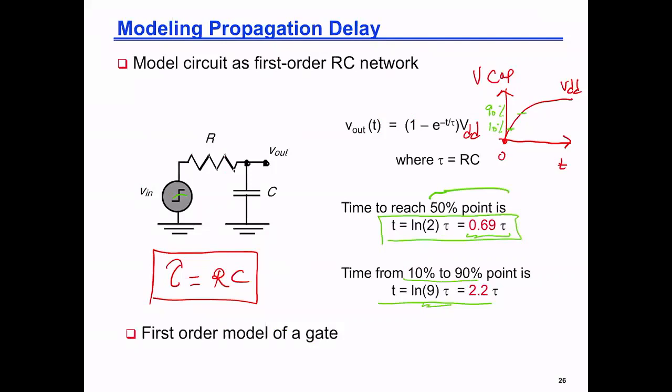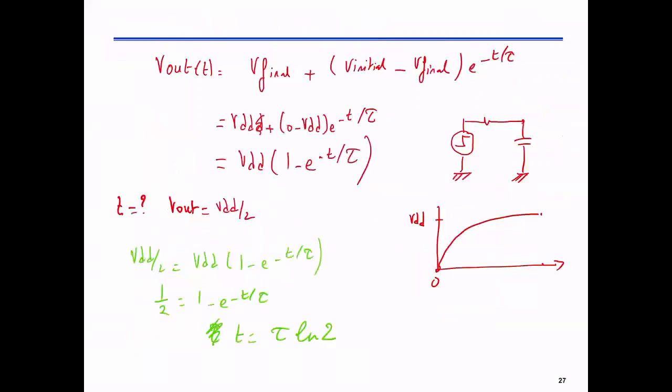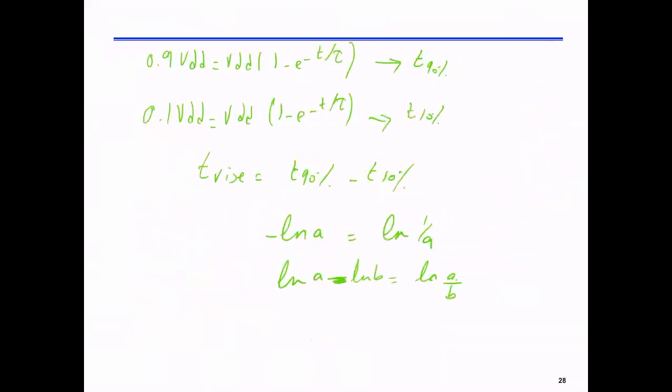Note that the 10% is responsible for the 9 and the 90% is responsible for the over 1. So just be careful and don't map it directly in your head when we solve; make sure that you flow through the equations here. I find the t 90%, I find the t 10%, I subtract them, I apply my knowledge of logarithmic rules, and I find the rise time.